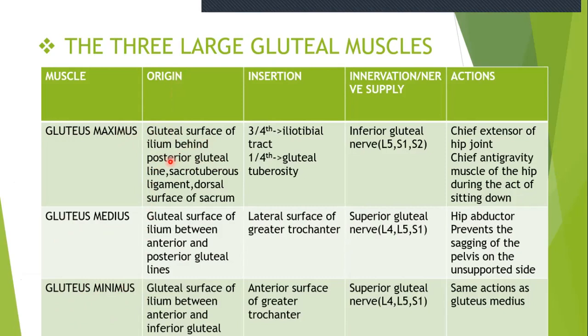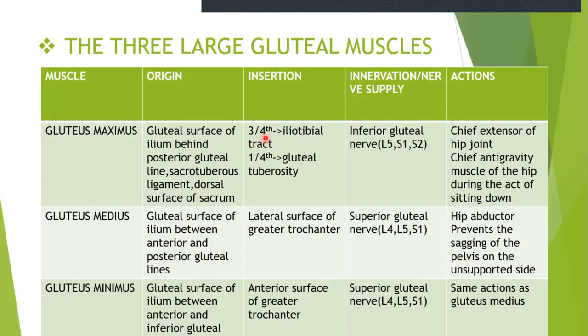Remember, in the osteology of the pelvic bone, we looked at the gluteal surface, which had 3 lines: posterior, anterior, and inferior gluteal lines. If you haven't seen the video of that, you should look at it, please. It also originates from the sacrotuberous ligament and from the dorsal surface of the sacrum. So that is the origin of Gluteus Maximus.